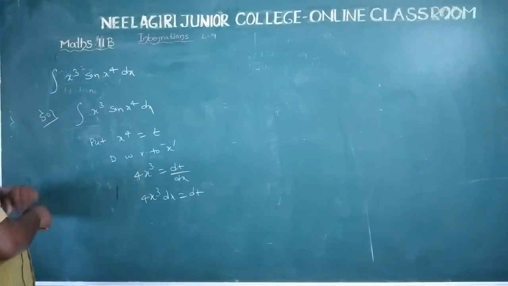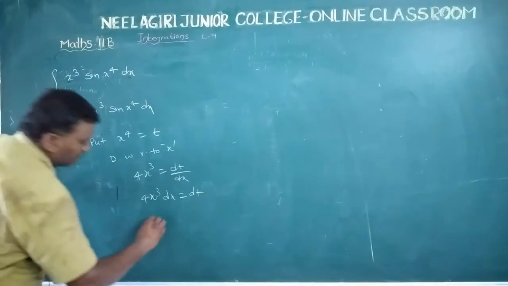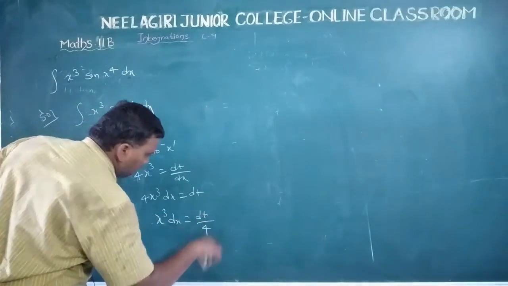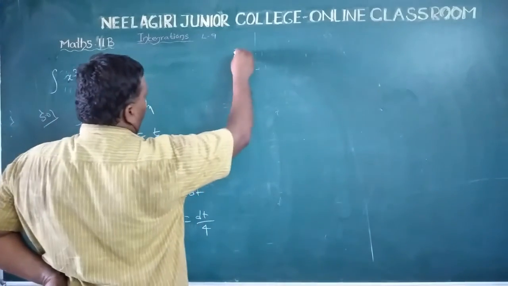In the problem we have only x cube dx, so x cube dx is equal to dt by 4. The values are substituted in the above problem.